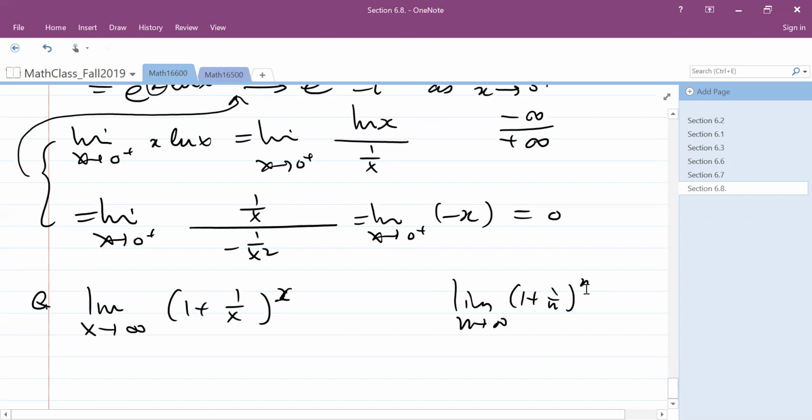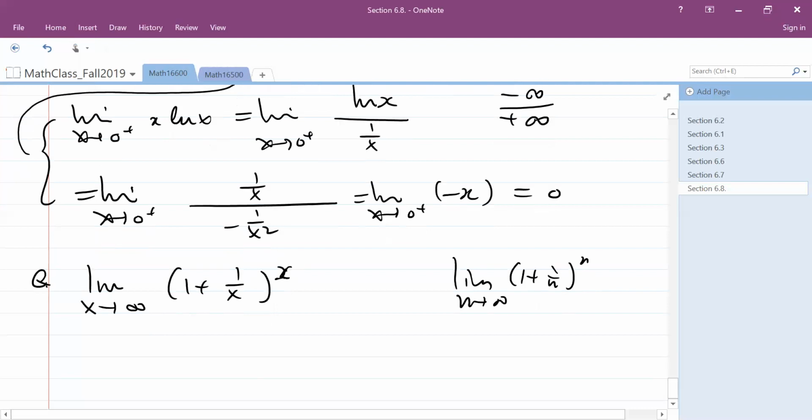And here n takes integer values, and this x is an arbitrary value, right? So we know that this is going to be e, right? But it's actually a definition of the number. Yeah, but suppose we don't know this part. How do you find this limit?